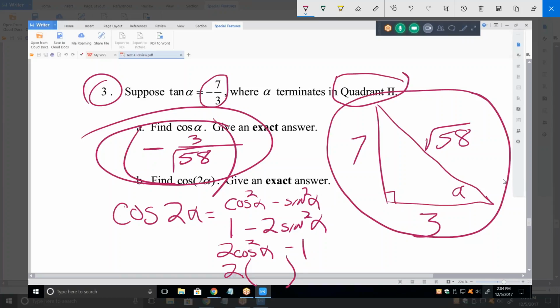And then you have to square top and bottom. So what's the top squared? 9. The bottom squared? 58. What's the sign going to be? Well, it's squared, so it'd be positive, right? Correct. That's the answer, minus 1.